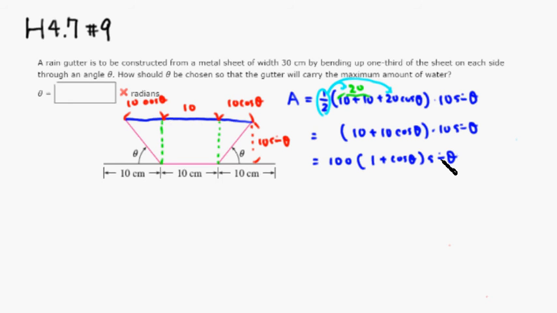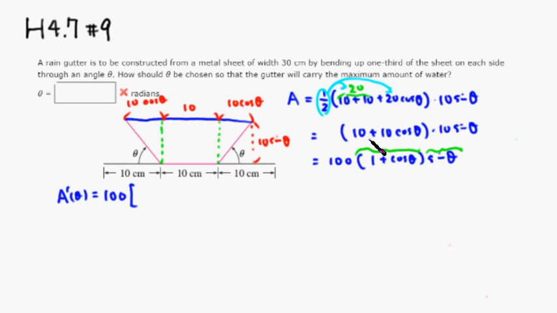Right, so we want to maximize this area, so we're going to take the derivative of this area function with respect to theta. We will get, 100 is just a constant, put it there. Then we can take the derivative using the product rule. This is the first guy, this is the second guy.